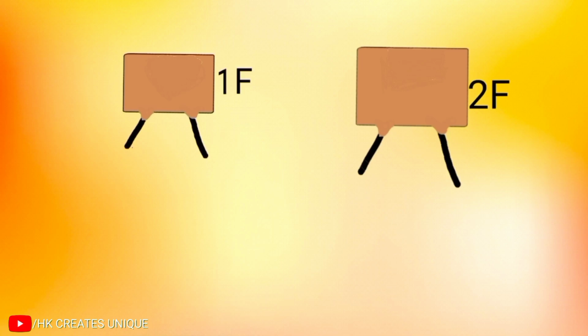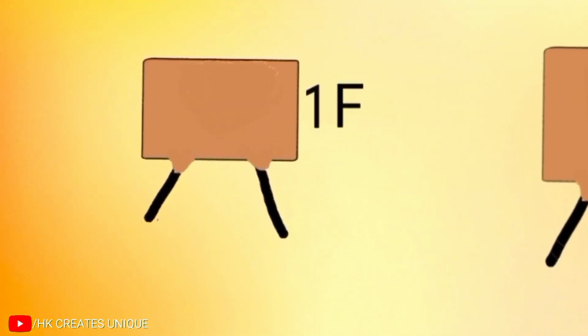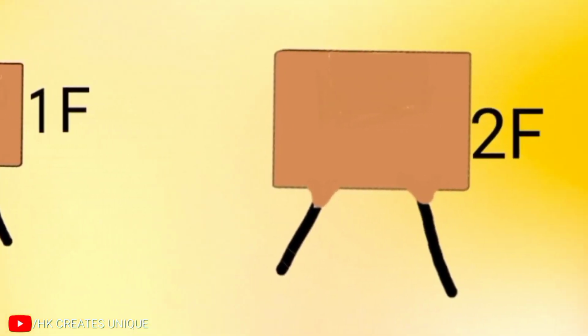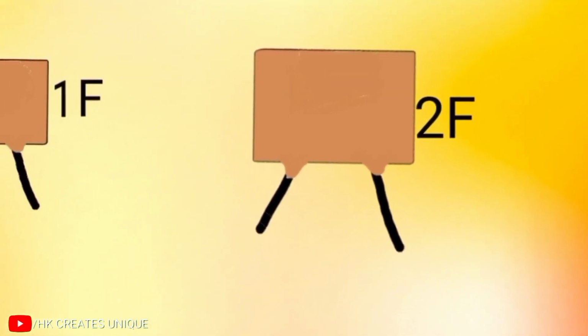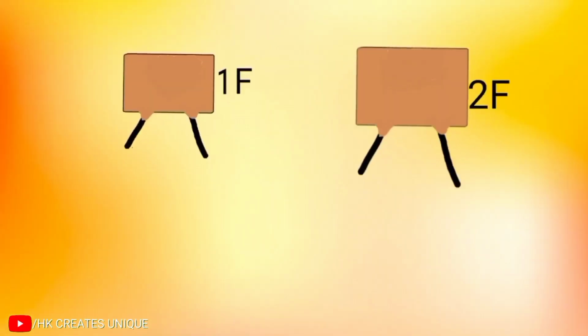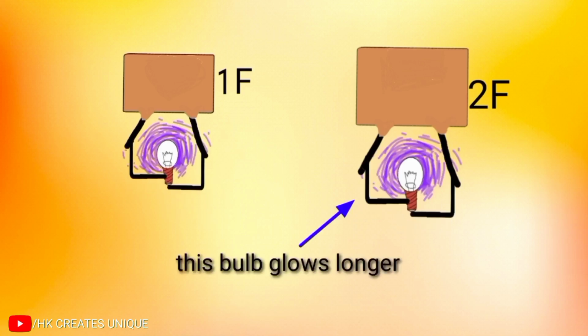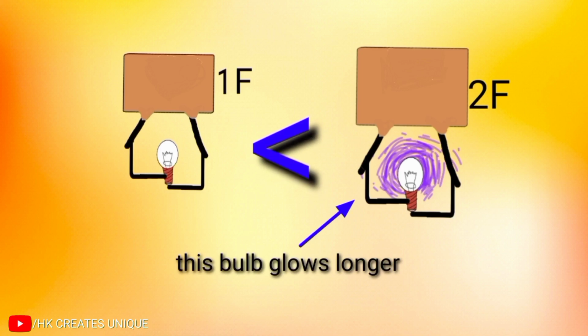Similarly, if you take 2 charged capacitors, of capacitance 1 farad and 2 farad, and connect the same load to each capacitor, the high capacitance capacitor will be able to supply current longer than the low capacitance capacitor.